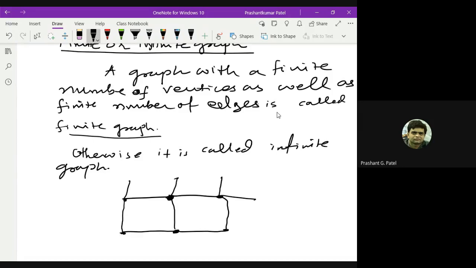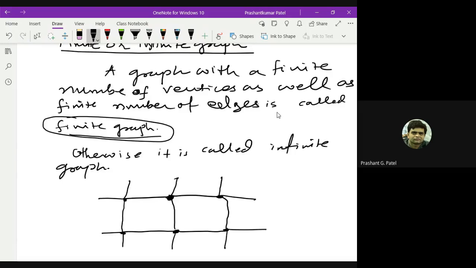If I plot it in this manner, this grid is infinite, let's spread it. So this is an example of an infinite graph. Our discussion is only based on finite graphs, never on infinite graphs.